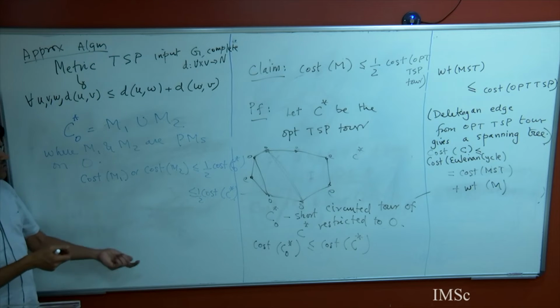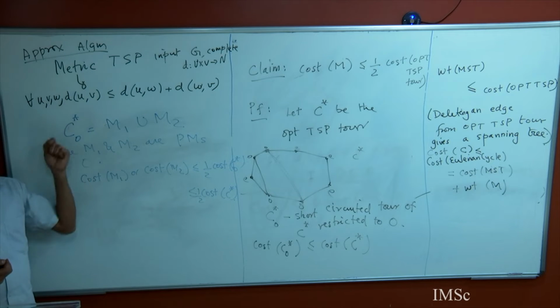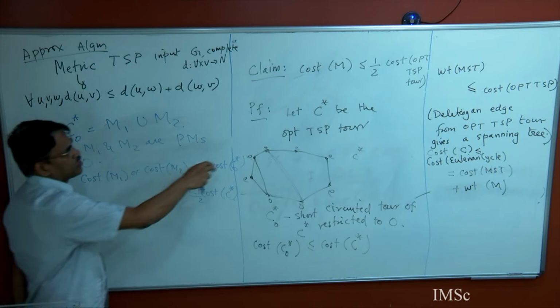So you have a perfect matching which is at most half of it. So the minimum weight perfect matching would be at most half of it, and that is what we wanted to show.